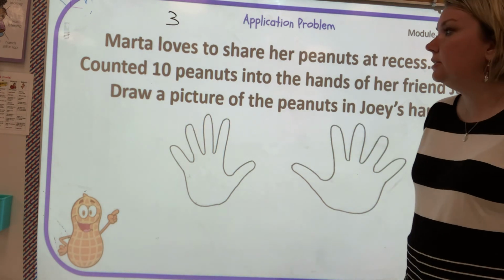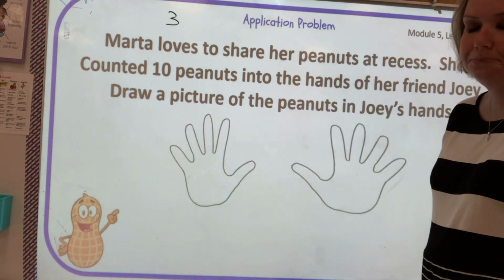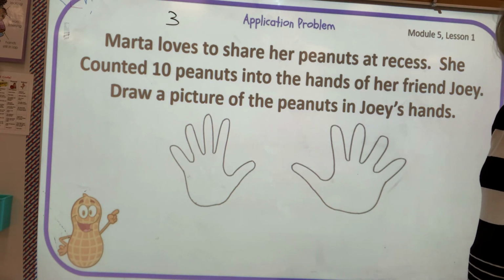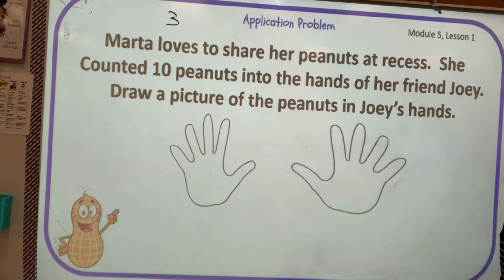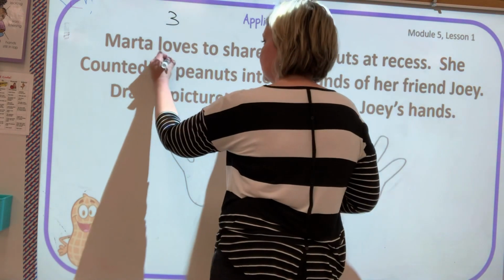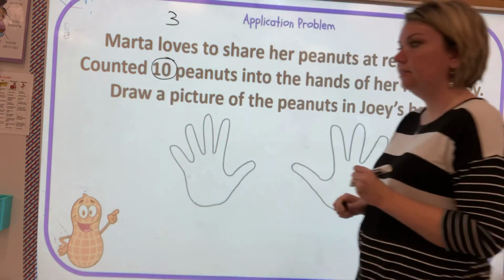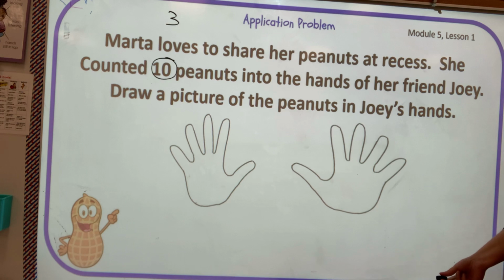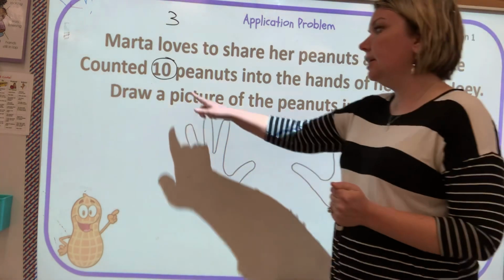Russell, what do I need to do with this second sentence? She counted 10 peanuts into the hands of her friend Joey. 10. Yeah, we can circle 10. That's the number that I'm working with. So I'm working with the number 10.